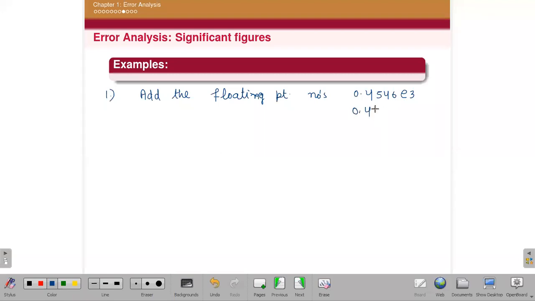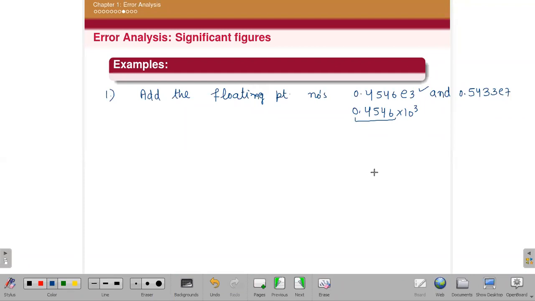It is similar to saying 4546 times 10 raised to power 3. Sometimes on your computer, when you input a number with 10 raised to 3, it will show like this, E3. So it is the same. It is a mantissa with base 10 raised to power 3 here. And you add the number 0.5433 E7, which means 10 raised to power 7.